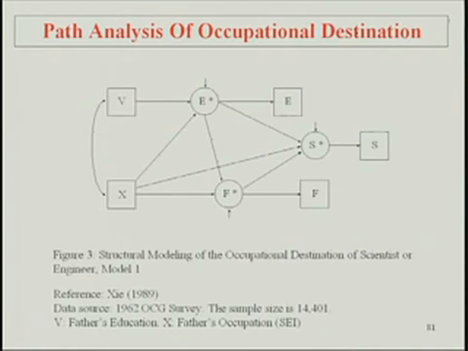In this situation, probit regressions were estimated. And we're showing the U star variables in this picture. Basically, the variables are V, which is father's education, X, which is father's occupation, E, which is education, F, first job, and S, current occupation.